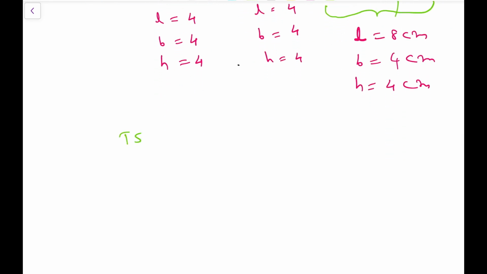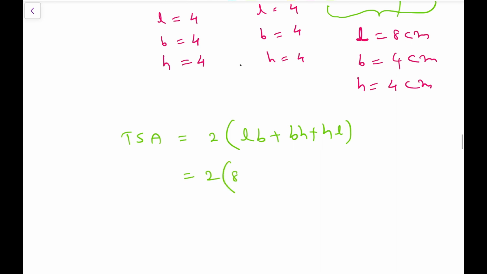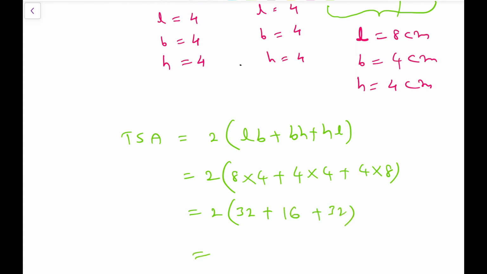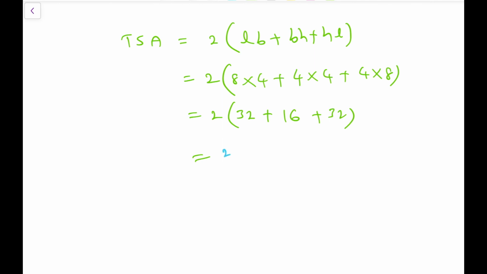So the TSA, or total surface area, of a cuboid formula is 2 into (LB plus BH plus HL) equals 2 into (length 8 into breadth 4, plus breadth 4 into height 4, plus height 4 into length 8) equals 2 into (32 plus 16 plus 32) equals 2 into (32 plus 32 is 64, 64 plus 16 is 80), 2 times 80, that will be 160.